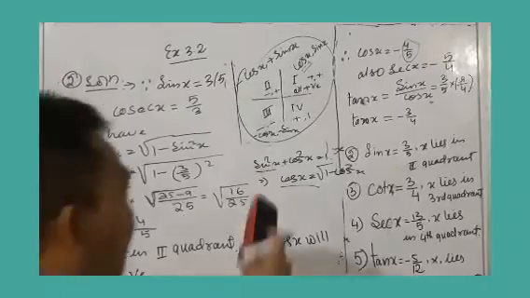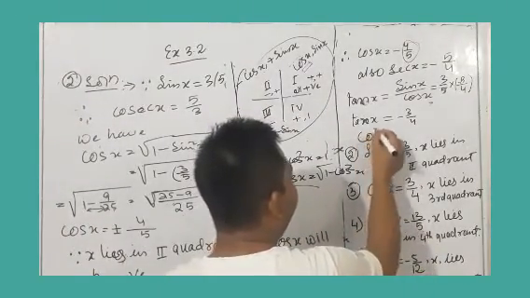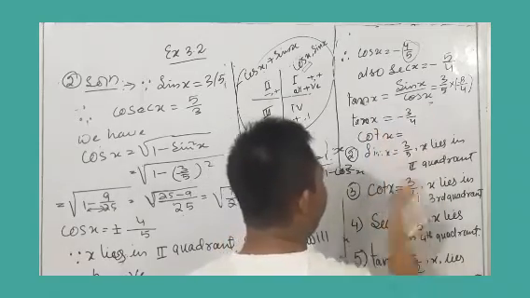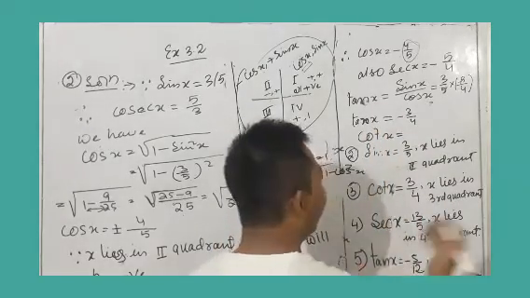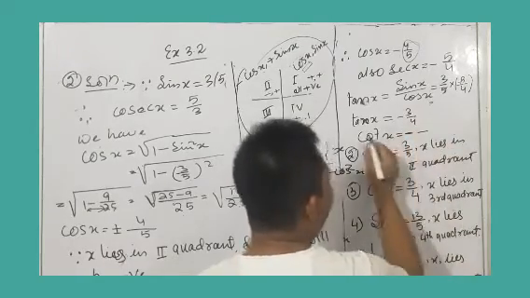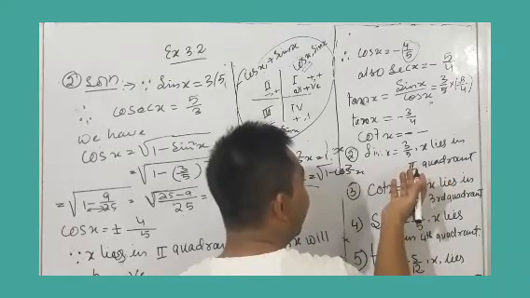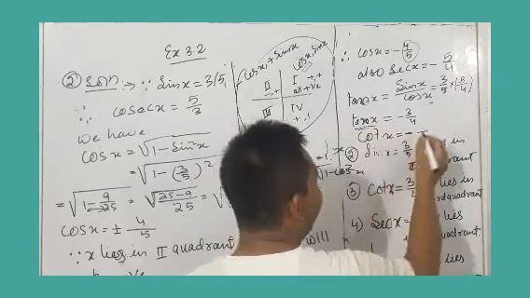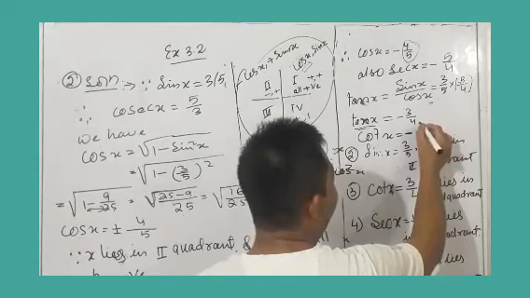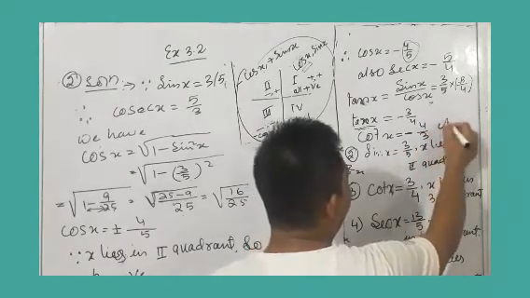So from this relation we can write cot x directly, so you don't need to go further and further. Cot x is just the reciprocal of tan x. So it will be minus 4 by 3. Okay? So these are the answers.